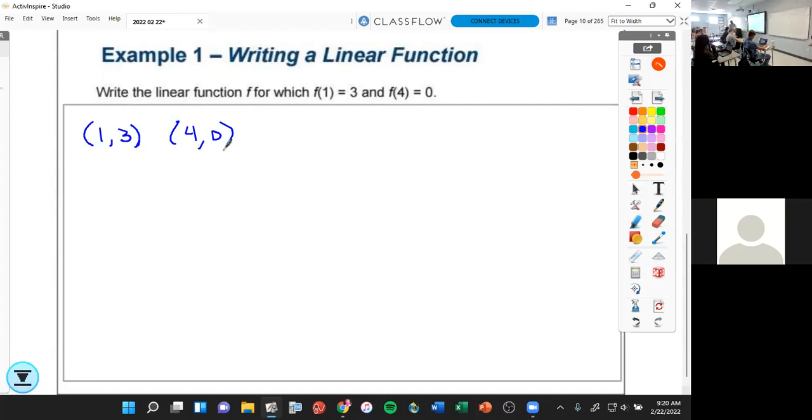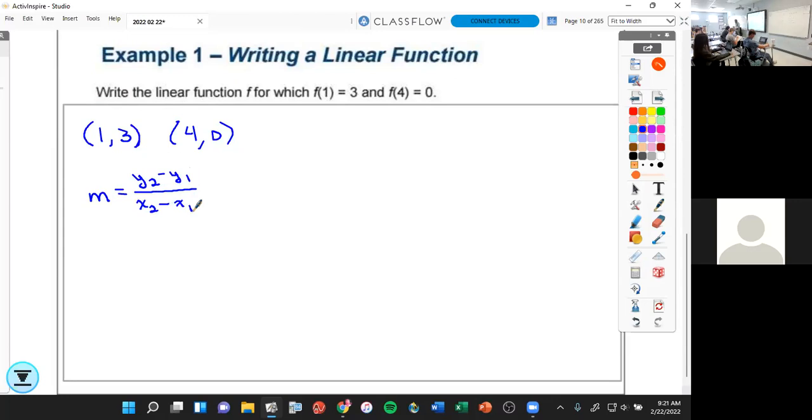So if I want the equation of a line that goes through those 2 points, what do we need to do? Find the slope. What's the equation to find the slope? m equals y2 minus y1 over x2 minus x1, okay?